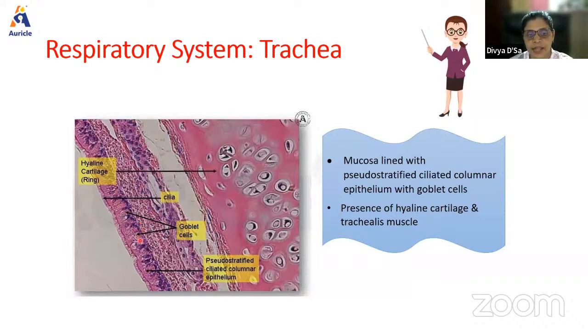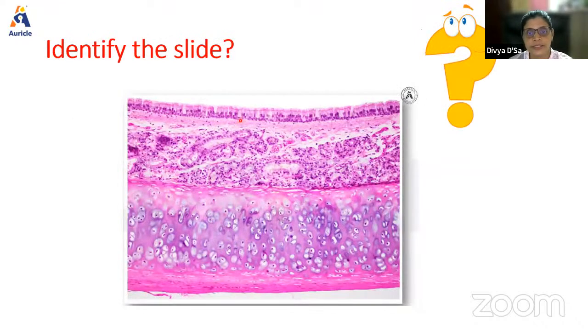So the trachea will have 4 layers. We have the epithelial layer, where epithelium plus lamina propria is the mucosa layer, then the submucosa, the cartilaginous layer, and the layer below will be the adventitia.